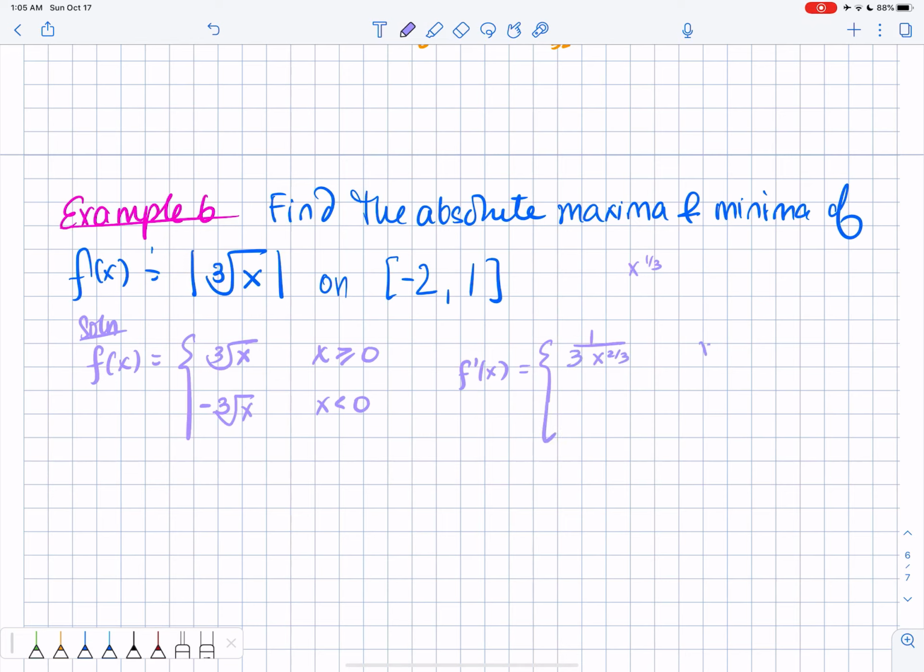If x is positive, I cannot include 0 because 0 is on the boundary of that interval, okay? And for x less than 0, there's a minus, but it's the same derivative with the minus.